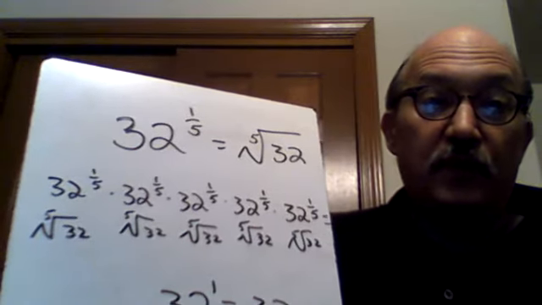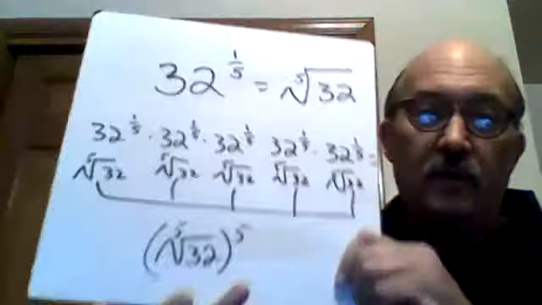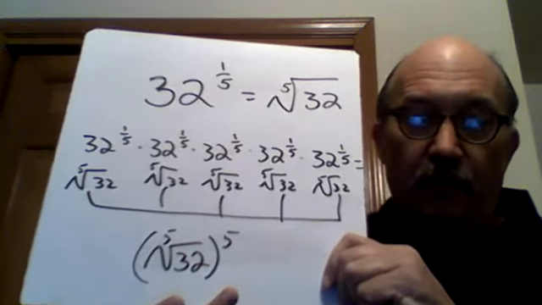That's what the 5th root of 32 is: the number that you multiply 5 of to get 32. And by the way, you can abbreviate all of this as the 5th root of 32 to the 5 power. Right? The 5th root of 32 to the 5 power. And that's 32. And going back to our original, 32 to the 1/5 power raised to the 5.